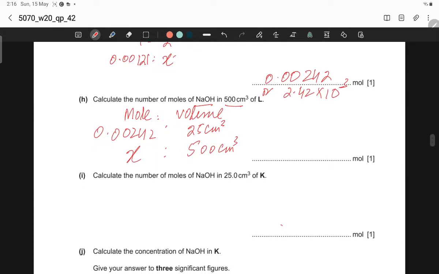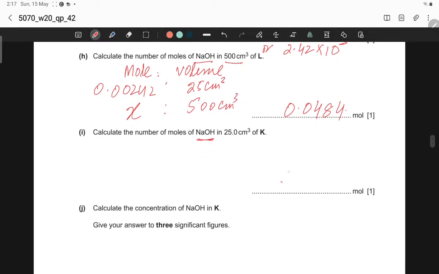The answer is 0.0484. So this is the number of moles in 500 centimeter cube, 0.0484.